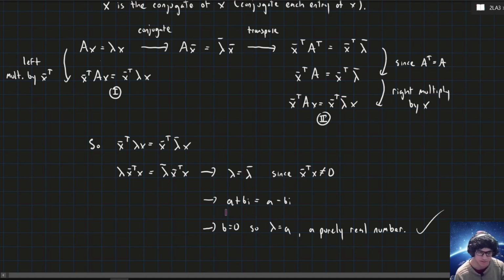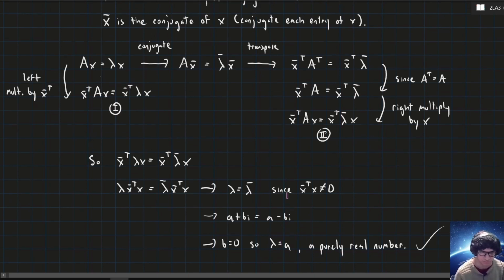That means a plus bi equals a minus bi. And the only way this can be true is if b is equal to 0, right? So that means lambda is just equal to a. In other words, lambda is a purely real number. It has no complex component to it.